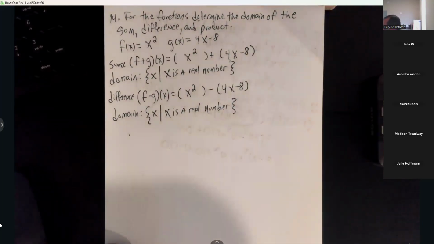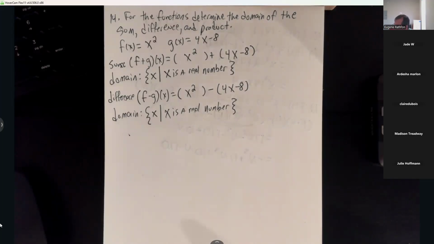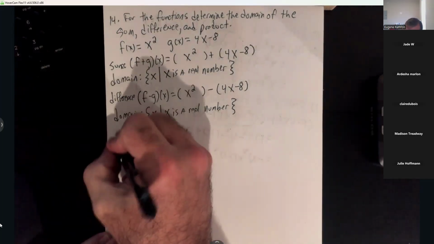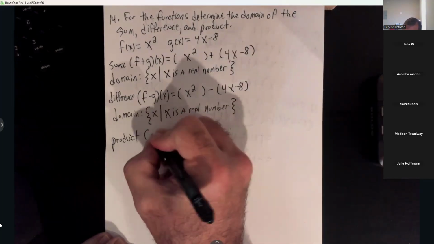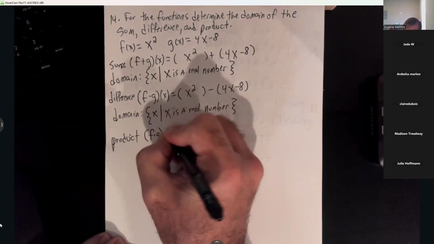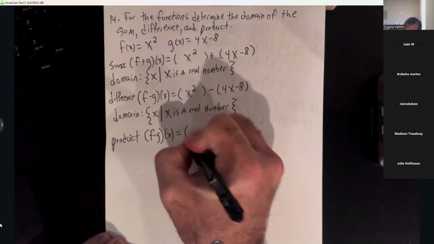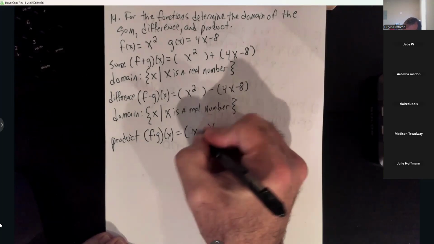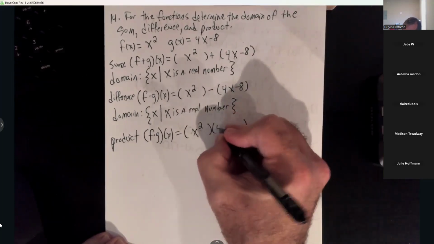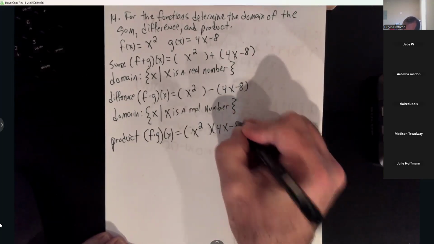And what was our next one, y'all? We had to do a product. So a product will be f times g of x. That's going to equal my f times my g. So that'll be the x squared times the 4x minus 8.